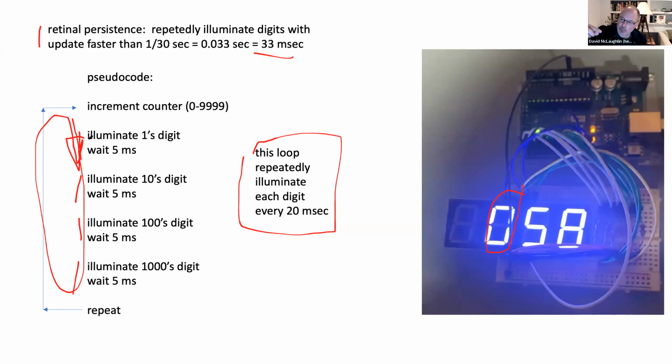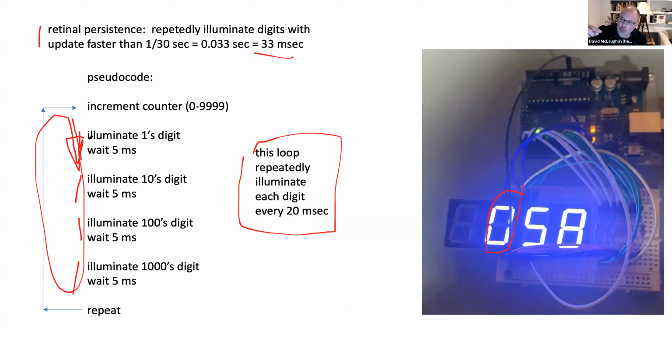Here's the code. I don't think I'll go into all of it, but I have this outer while loop, and then I also have an inner loop. The way I do it is I define 2 variables. Count time is the total number of milliseconds between counts. Whether I want that to be 1,000 or 200, that's the time base of the whole thing. Then I have my persistence, which I'm keeping at 5 milliseconds. When I loop here, I'm dividing count time by persistence, and also dividing that by 4 because I'm doing this in sequence.